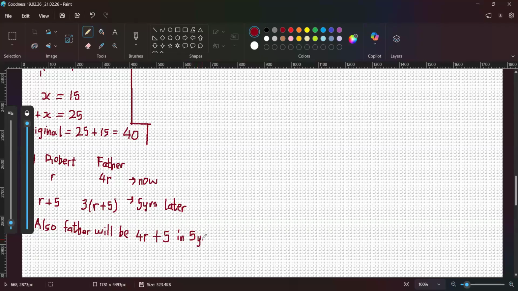So we're going to combine our own deduction with the question. How are we going to do that? If it's the same man we're talking about, then his age in 5 years' time must be the same, whether it is from the perspective of the question, which is 3 into bracket R plus 5, or from the perspective of our deduction, which is 4R plus 5.